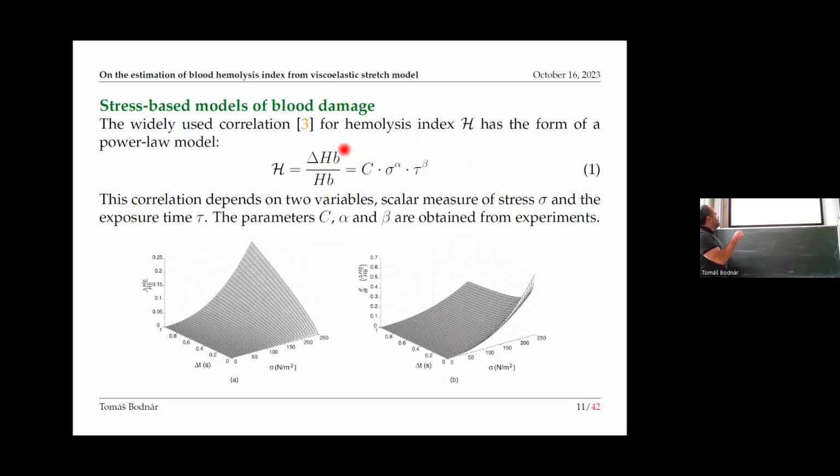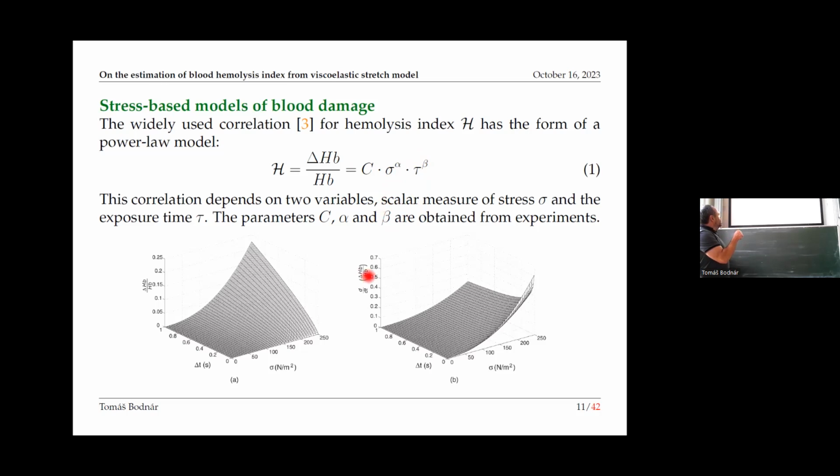So from the physical point of view, this increase of hemoglobin, free hemoglobin, this is the red color coming from the red blood cells, depends on some scalar measure of stress, this is the sigma, and the time of exposure. So longer you expose, the more it will be bleeding, and bigger stress, bigger bleeding.